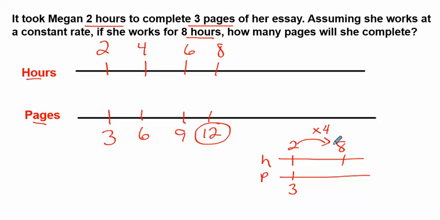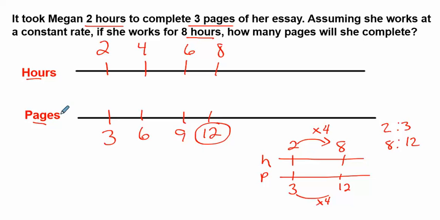So 2 times 4 gives me 8. So as long as I do that to the top of my ratio, just like you would in a fraction, I need to do that to the bottom. So I would multiply by 4 here, okay? And 3 times 4 would give me 12. So again, I got the same answer, 12 pages, okay? Got the same ratio here, 2 to 3 is the same as 8 to 12, same ratio, okay?